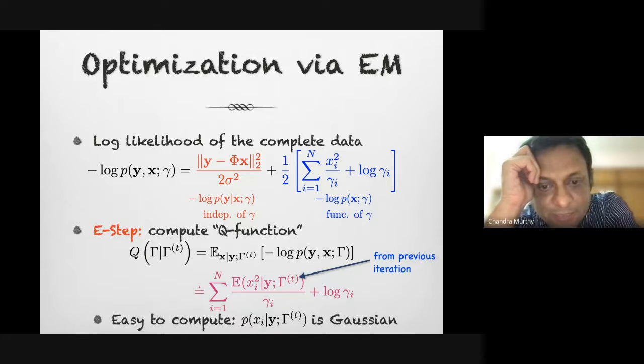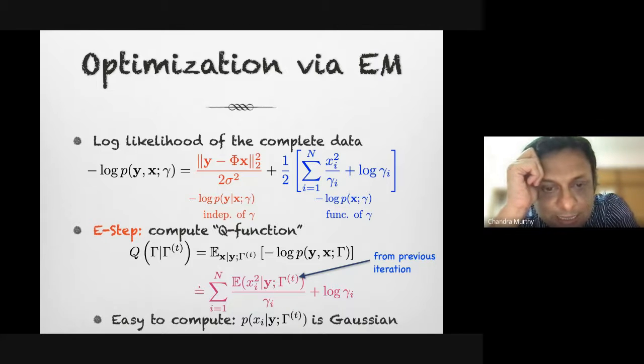That's the red term here. Plus the blue term, which comes from the prior distribution on X, which is the Gaussian distribution. And that gives us 1/2 of the summation of x_i squared over gamma_i plus log gamma_i. And using this complete data's log likelihood, you can actually do this EM algorithm, which consists of two steps.